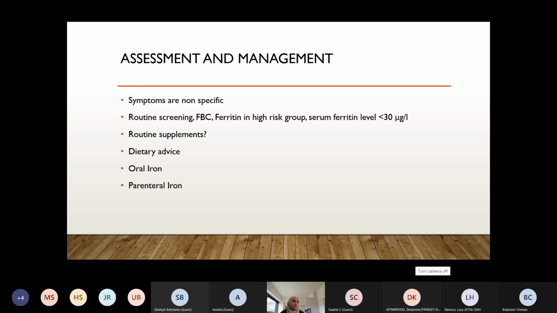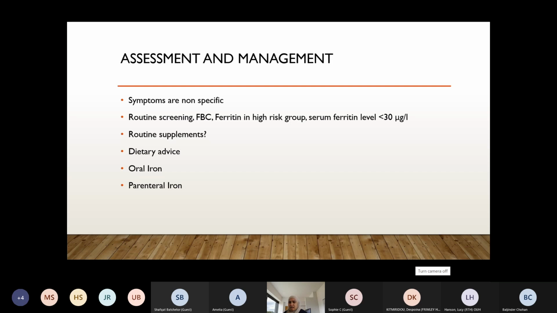Most low resource, low income countries do not have the resources to do routine screening, especially screening for iron deficiency with ferritin. So the status there is that they do offer routine supplementation of iron, and there are large practices in the US as well offering routine supplements in pregnancy.